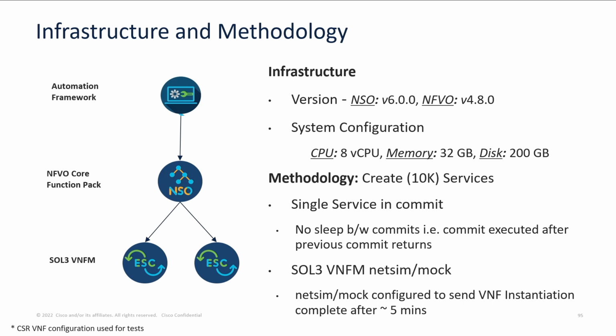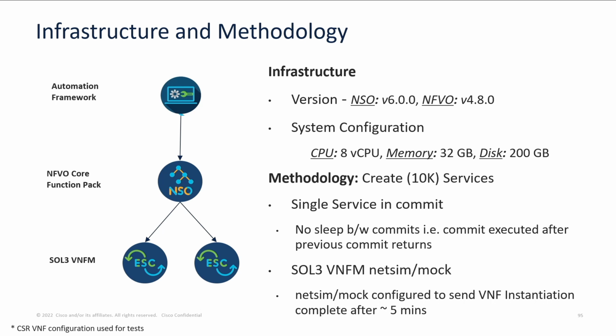And the setup is on a more reasonable machine, 8 CPUs, 32 gigs, and not that much disk. The idea is to run NFO on the Sol 3 system with mock-up ESCs, 2 of them. And they are set to a 5-minute wait to converge on these ESCs.